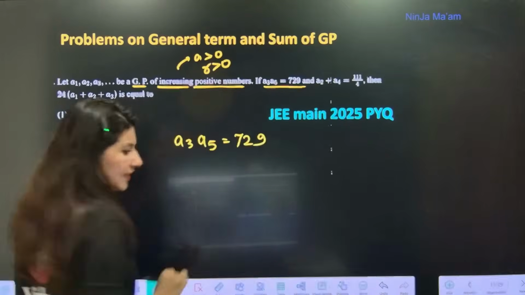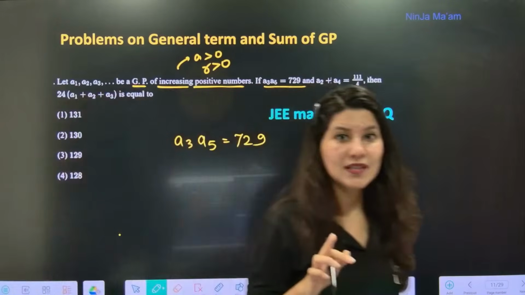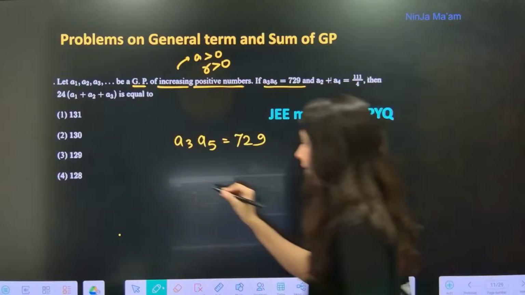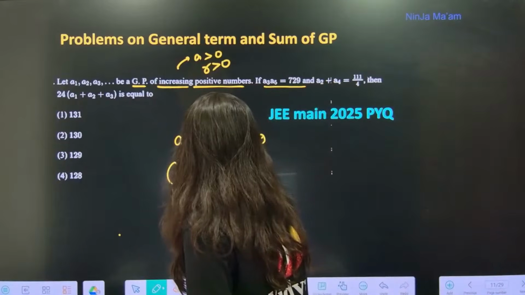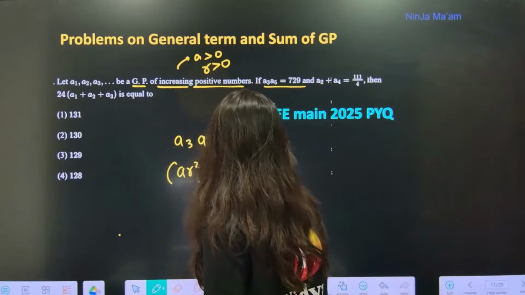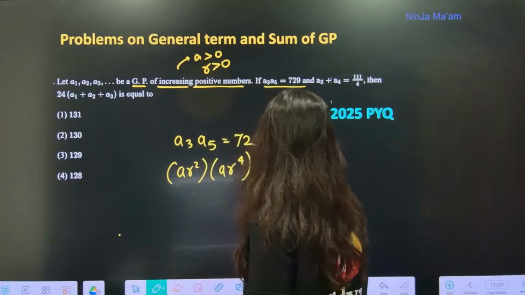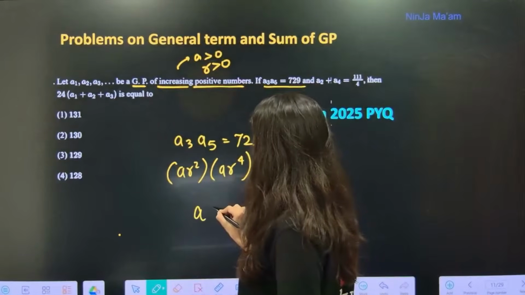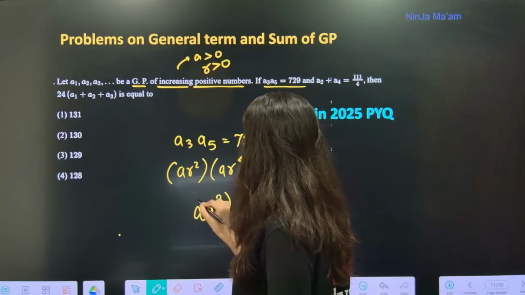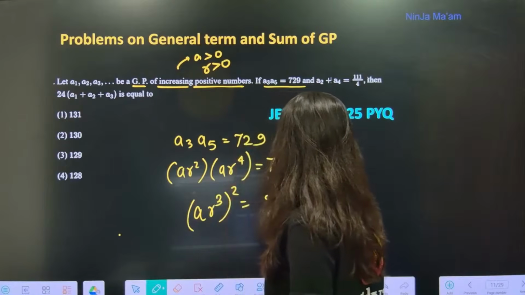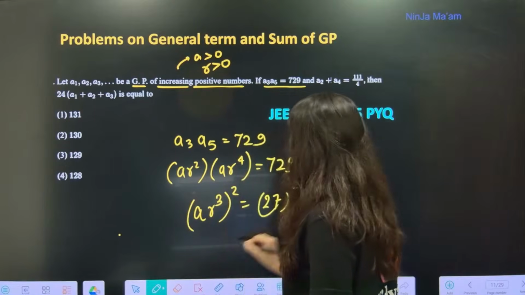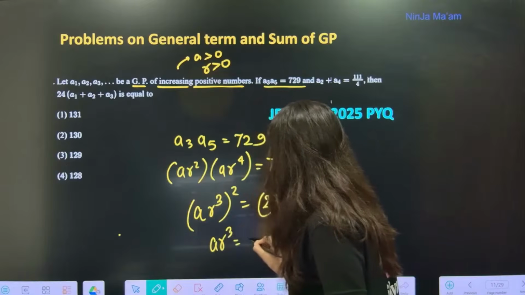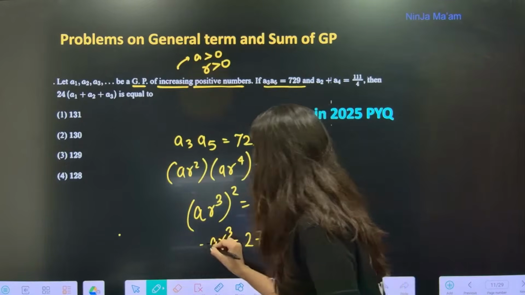What is A3? Third term of a GP. AR square. And this is AR power 4 is equals to 729. Can you see this is AR cube whole square and this is 27 whole square. That means AR cube is 27.